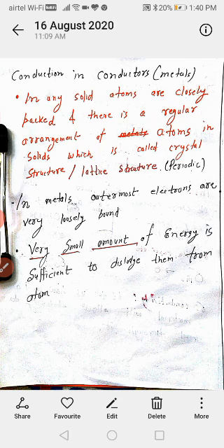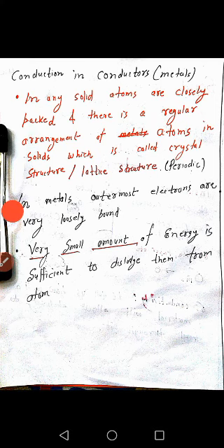them from the atom. So if a very small amount of energy from some external electric field, from some elevated temperature, whenever we increase the temperature of the surrounding, the materials get heated, and heat energy is supplied.